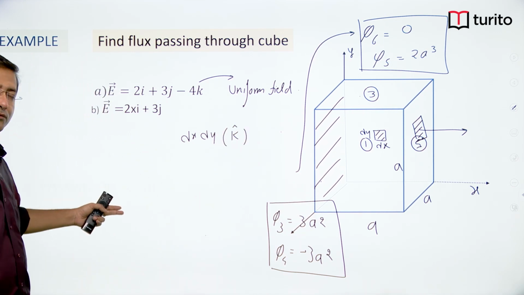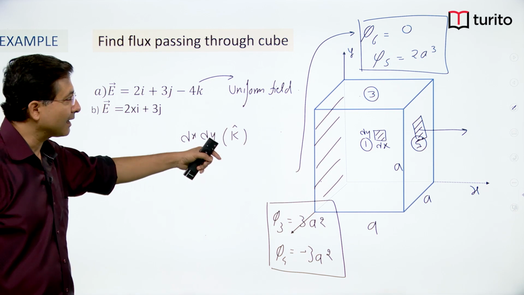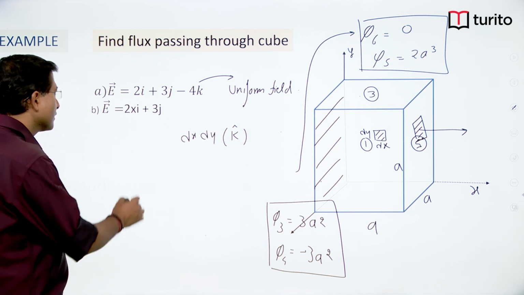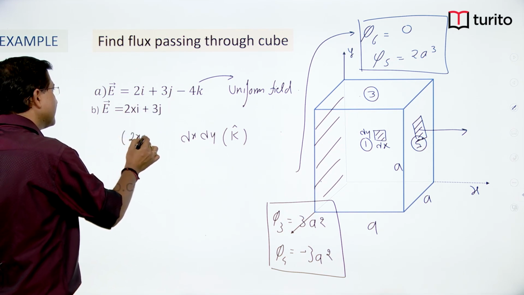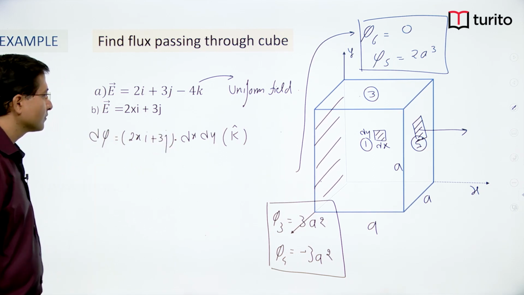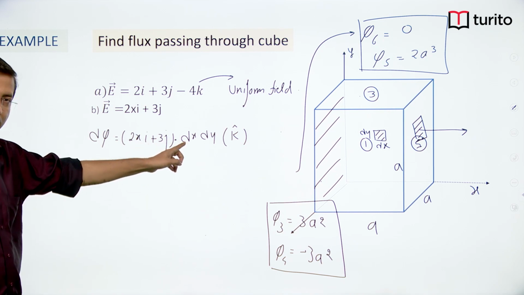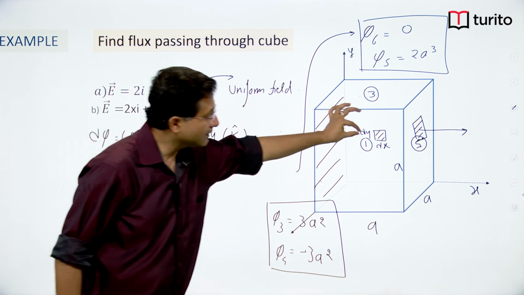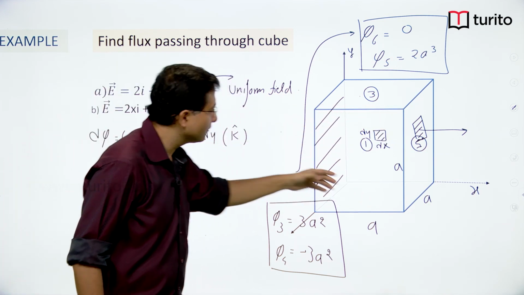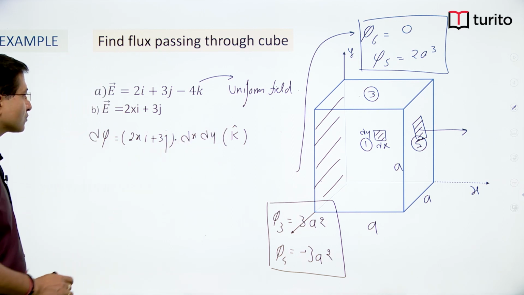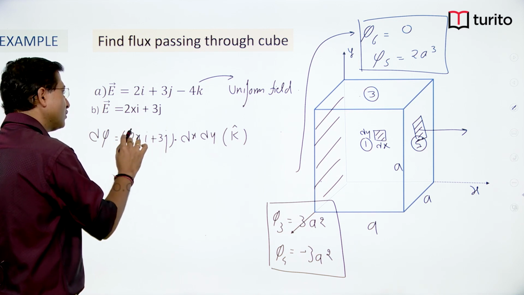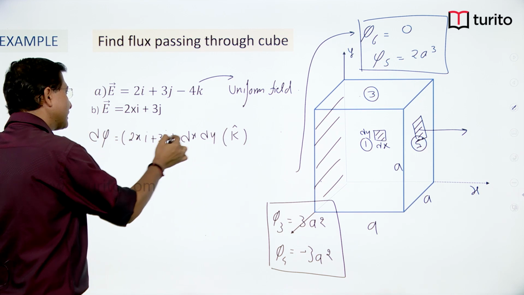So, I think I wrote i cap for phi 1, actually the outward is k cap. So, this is actually k cap, right, and the field is 2x i plus 3 j, dot, E dot dA, right. For this one it is k cap. So, for phi 1, the front surface, what is towards you is this. So, i dot i is 1, i dot j 0, i dot k 0. So, k dot i 0, k dot this one 0.